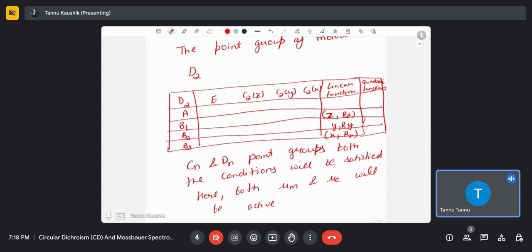So this is where all our previous lectures' concepts will be applied, where we found out the different symmetry elements and then the point groups for each of the molecules. If you have practiced those examples, it will be helpful for you to apply those concepts here.